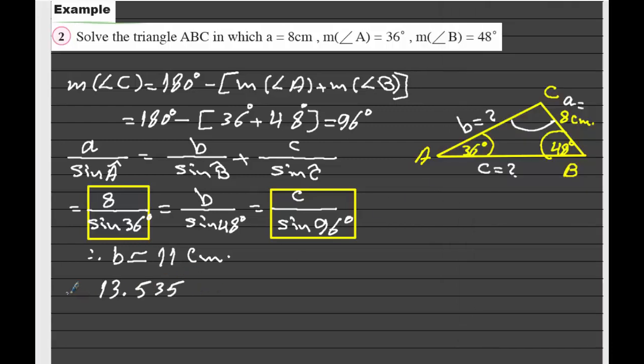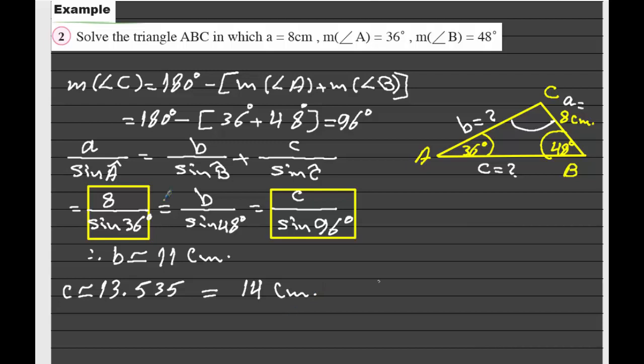Of course, C equals approximately, to the nearest centimeter, 14 centimeters.